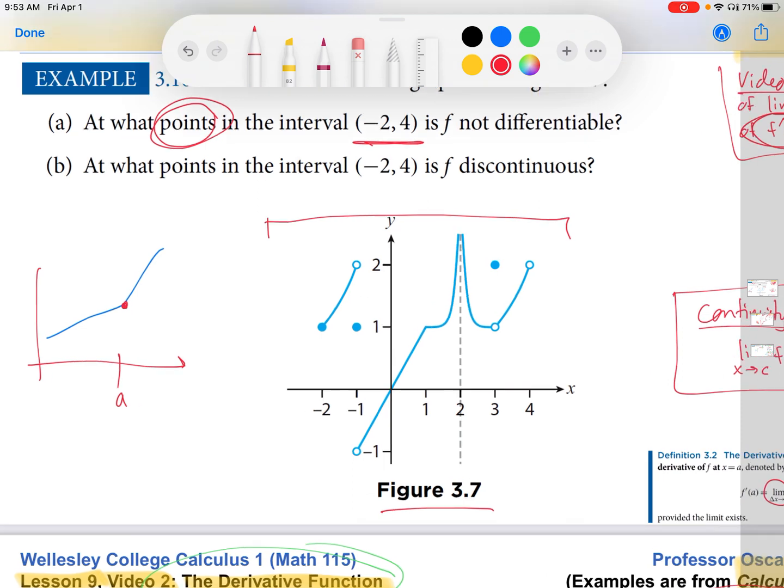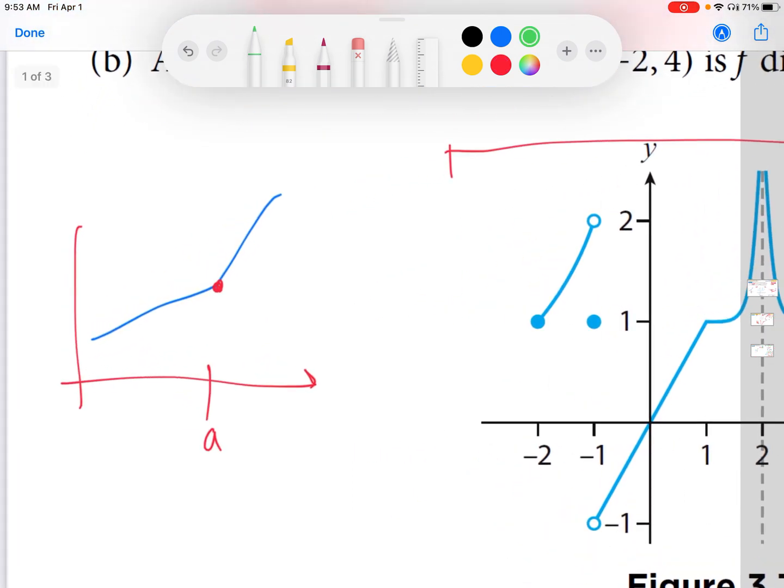Why do I say that? Well, if we were thinking of this point and taking another point here and drawing the secant line, there we go, right? And as this green point gets closer, I draw the same secant line over here. You can see that as I approach, this is my a plus delta x.